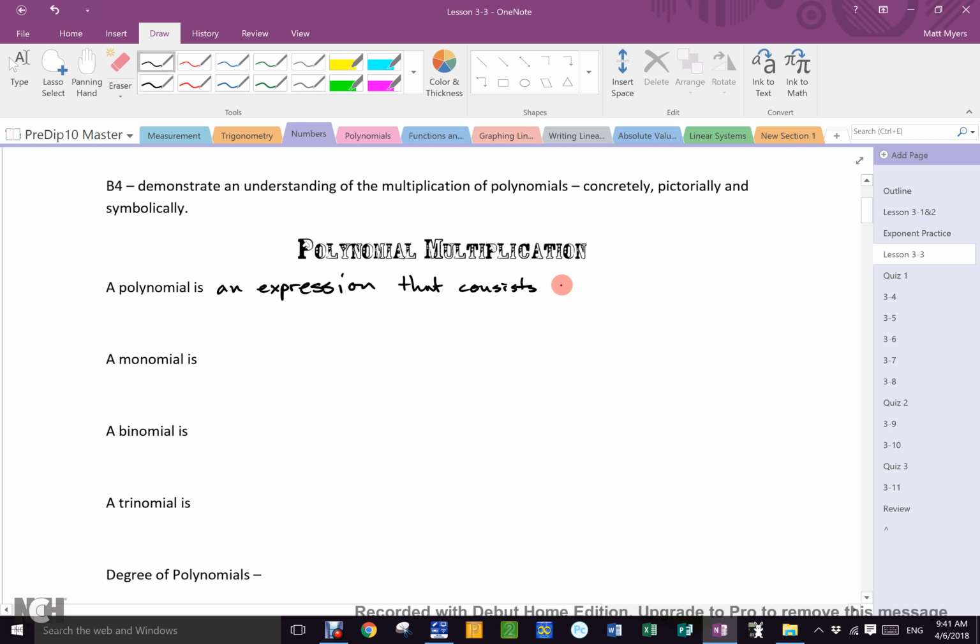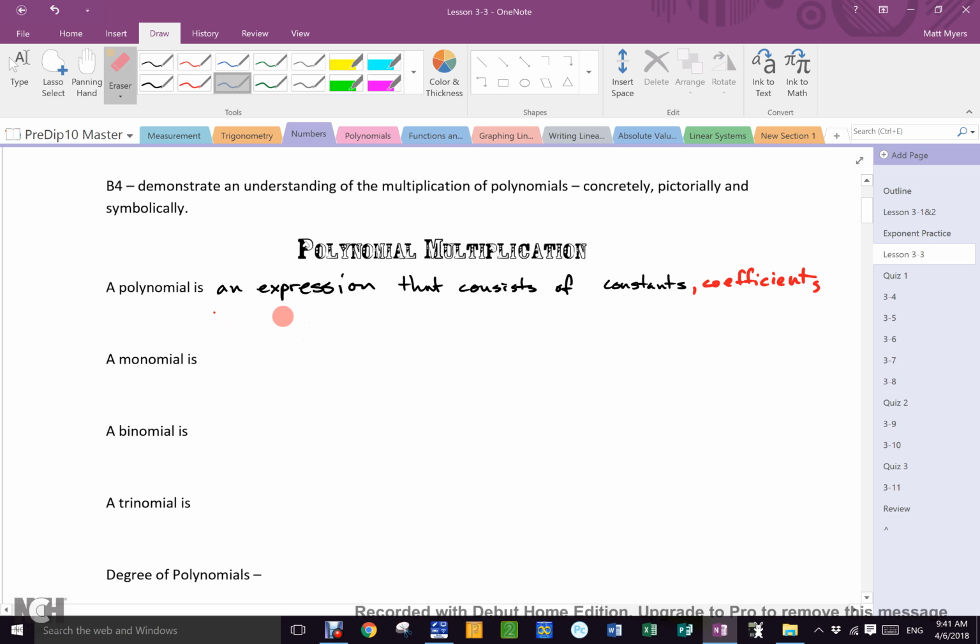consists of constants, coefficients, and variables.